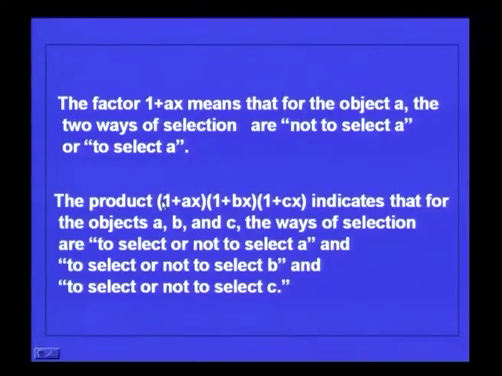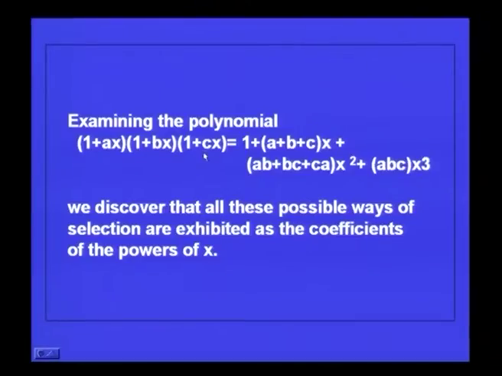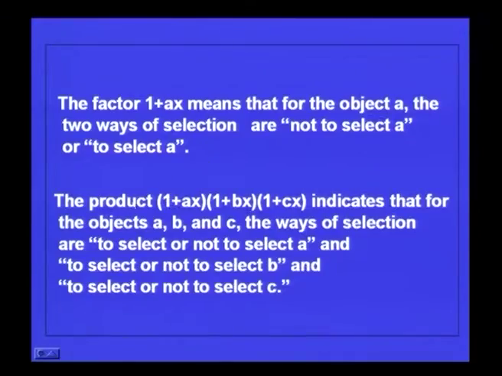Now, if you look at the left hand side of the previous equation, this is the product like this. This means that for the objects A, B and C, the ways of selection are to select or not to select A, that is represented by this factor. And you can select or not select B, and that is represented by this factor.